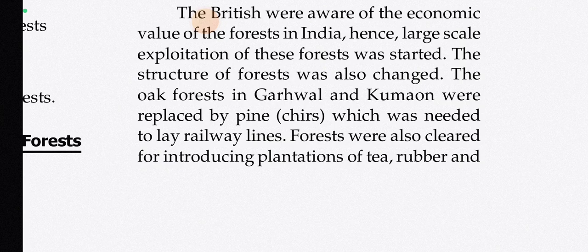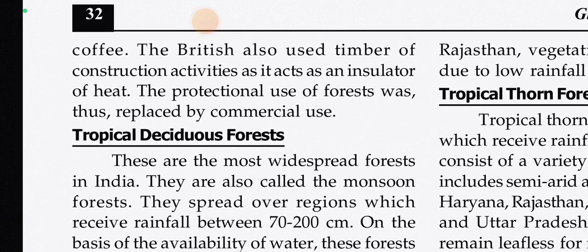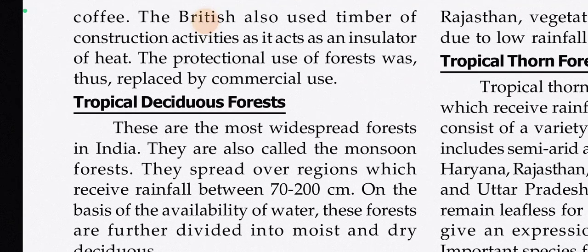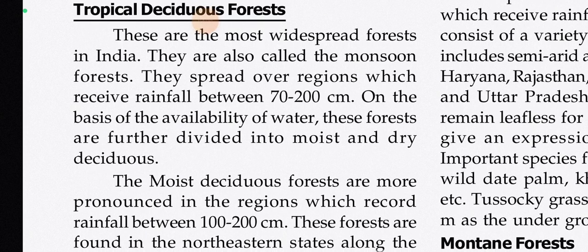Forests were also cleared for introducing plantations of tea, rubber and coffee. The British also used timber for construction activities as it acts as an insulator of heat. The protectional use of forests was thus replaced by commercial use.